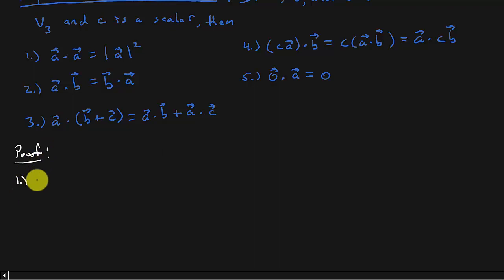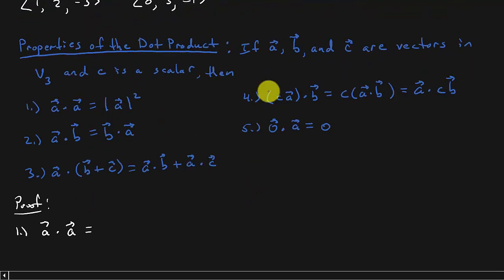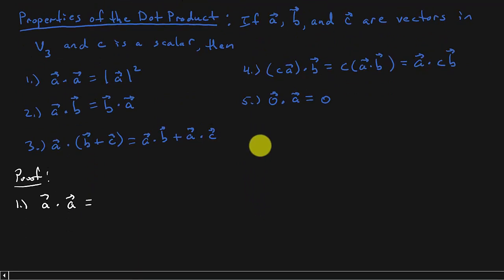We want to show vector A dot vector A is equal to... Keep in mind these are all vectors in V3, so vector A is A1, A2, A3, and we're doing the dot product with itself.